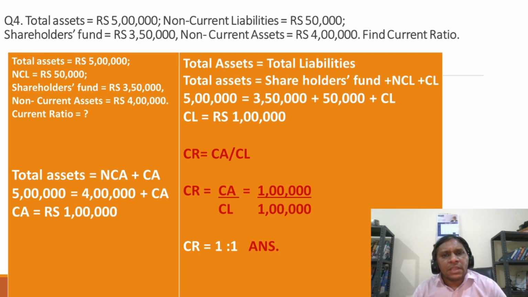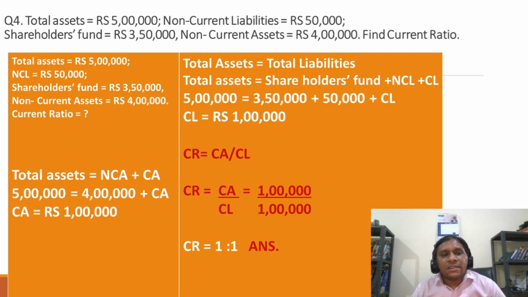Dear children, we have to calculate the current ratio. Total assets is rupees 5 lakh. NCL, that is non-current liabilities, rupees 50,000. Shareholders fund, that is rupees 3,50,000. NCA, non-current assets, that is rupees 4 lakh. And current ratio is equal to question mark.